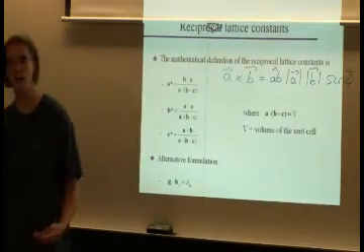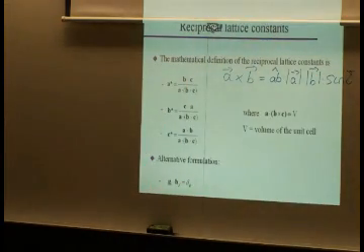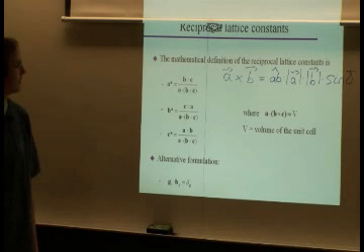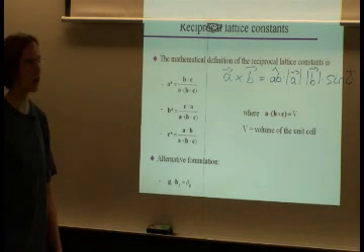And usually we call the angle between A and B gamma, right? So that's our cross product.